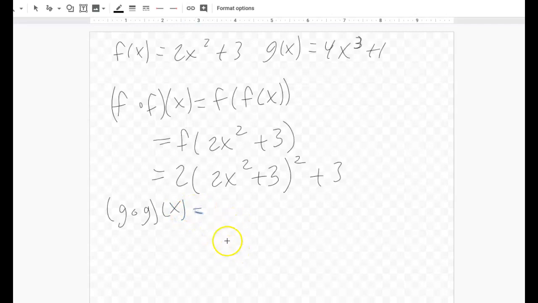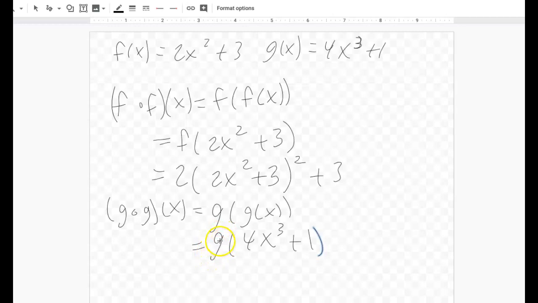Let's go ahead and look at g of g of x. This would be g composed with g of x. g of x is 4x cubed plus 1. Notice too that I'm still denoting the outside function.